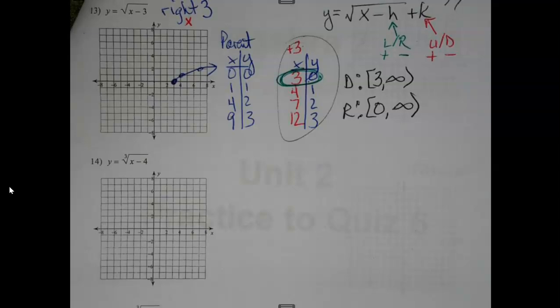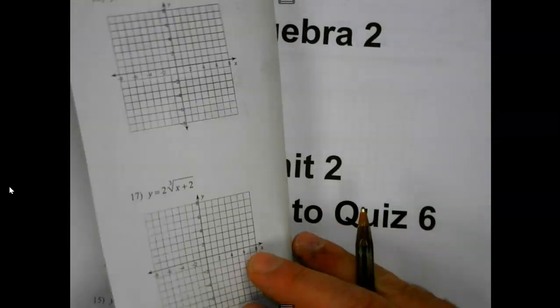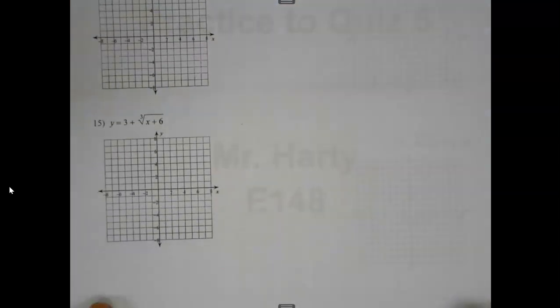That's going to be true for any radical you graph, even if it's a cube. Okay, I want to play with one more. I want to play with 15, because we're going to see some of this again on the review, so I don't want to drive you crazy on the last day of the week. But I do want you actually working at this, because, yeah, it's kind of tricky.